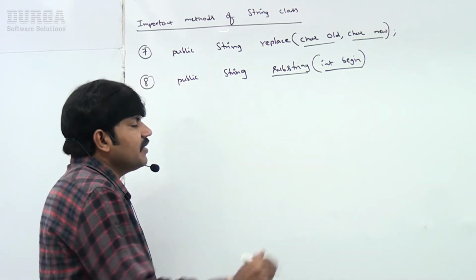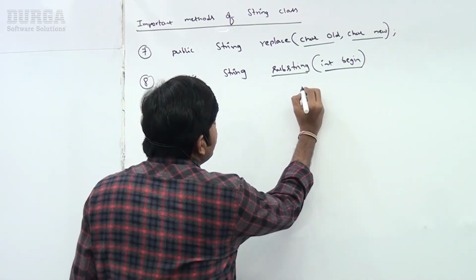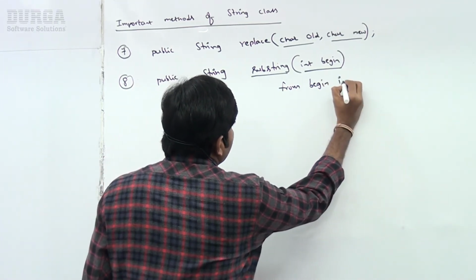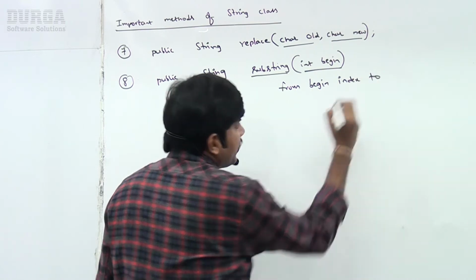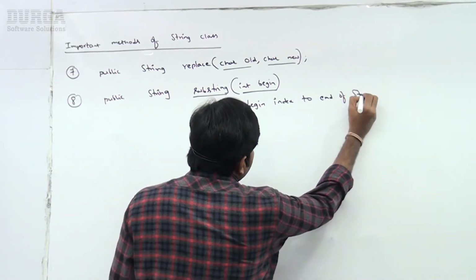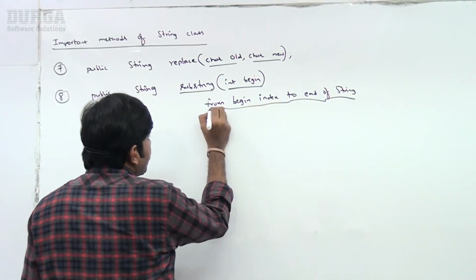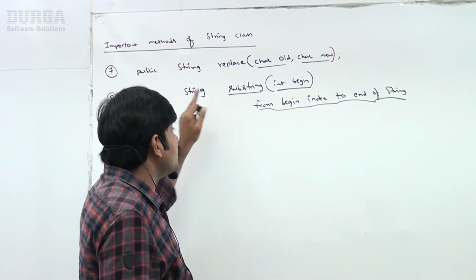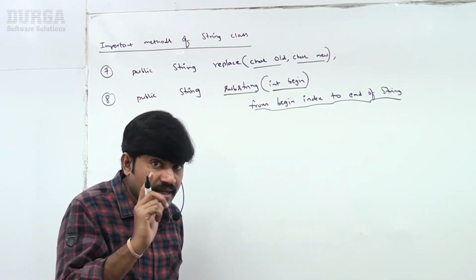So this method returns the string from begin index to the end of the string. From begin index to the end of the string, it is going to return a substring like this, right?